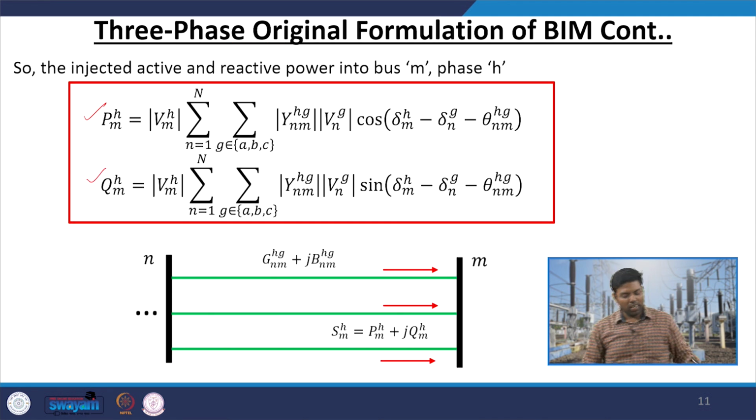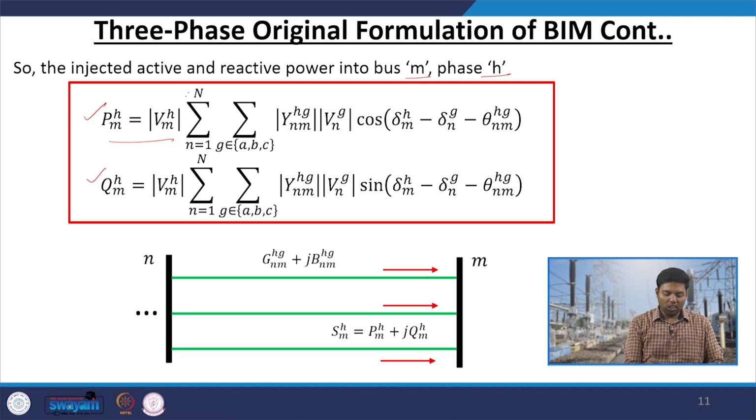So, if you separate the real and the imaginary part, then your active power injection to bus m of phase h is the summation of n equals 1 to N, that means total bus summation, total phase summation, of the magnitude of your sending end voltage, the admittance component magnitude, your receiving end voltage magnitude and cos of the angle difference.